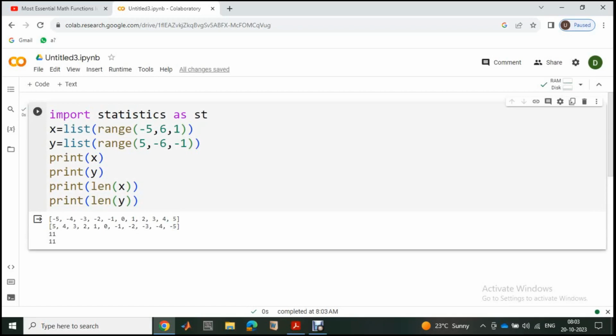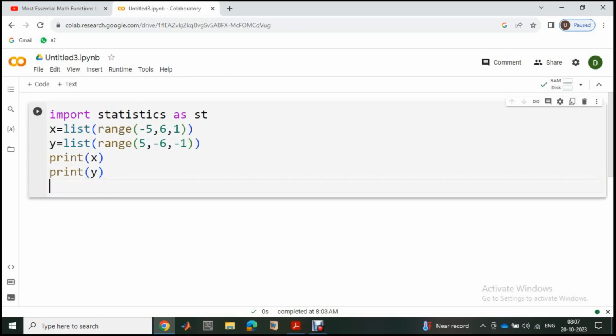You see x values start from the negative number -5 and increase, finally settling at 5. And y values start from a positive number and slowly decrease. Now let me find the correlation first. I will say p1 equal to st.correlation, the correlation function, of x comma y.